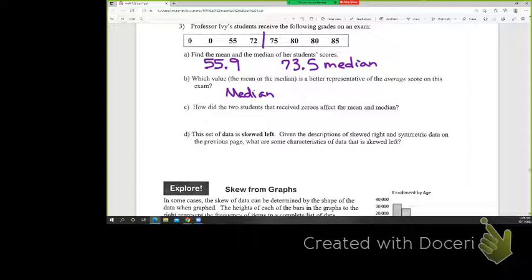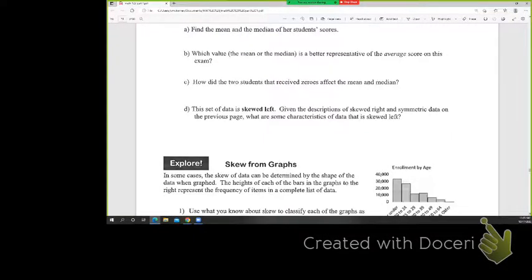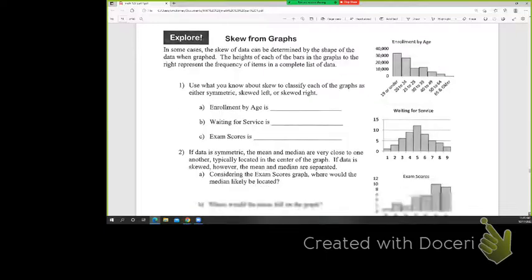So when we look at the graphs, it can be a little harder to get our head around, because with the graph, remember that it's the few. The few to one end is what pulls the mean in the opposite direction.